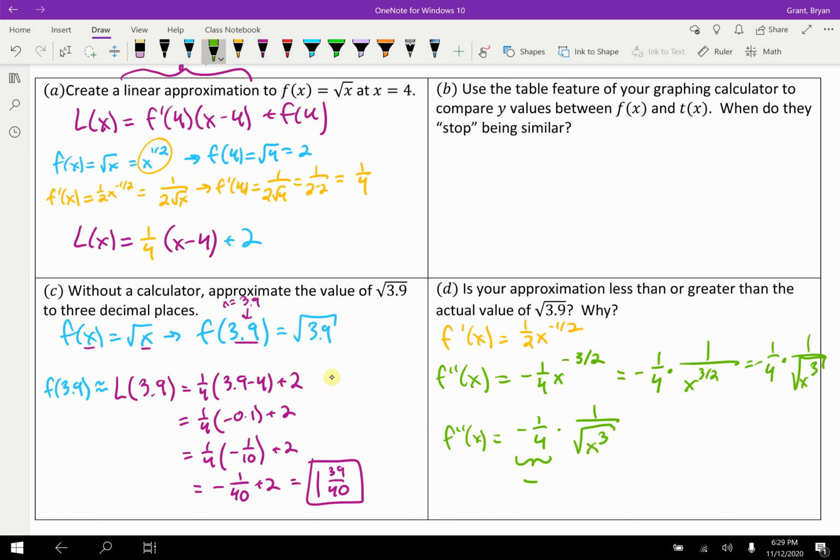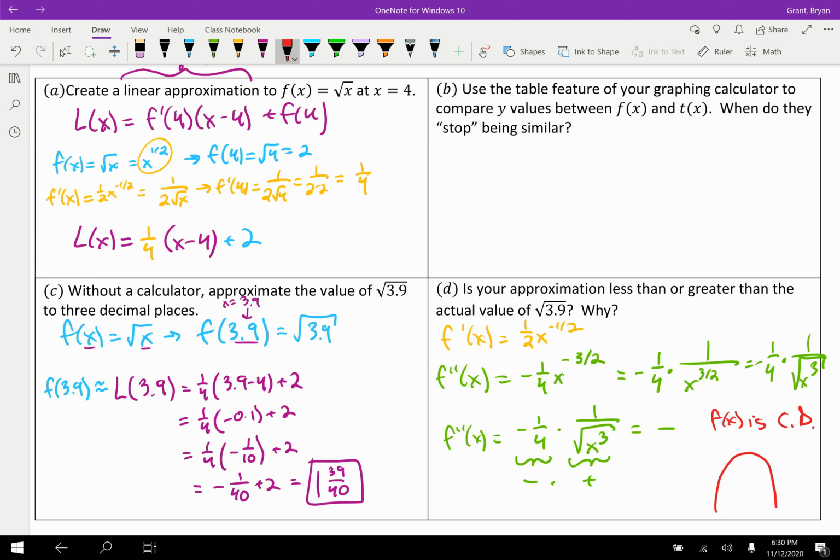So if the x's are always positive, then isn't this always a positive? And so I think you could probably convince yourself that the second derivative, no matter what x value you plug in, will always be negative. So what does that tell you about f of x, the original function? Well, it tells you that f of x is concave down.